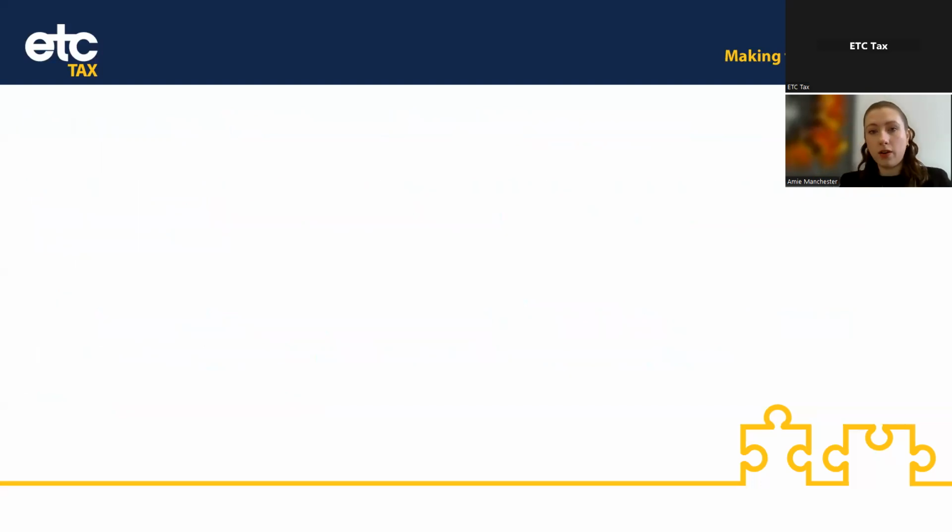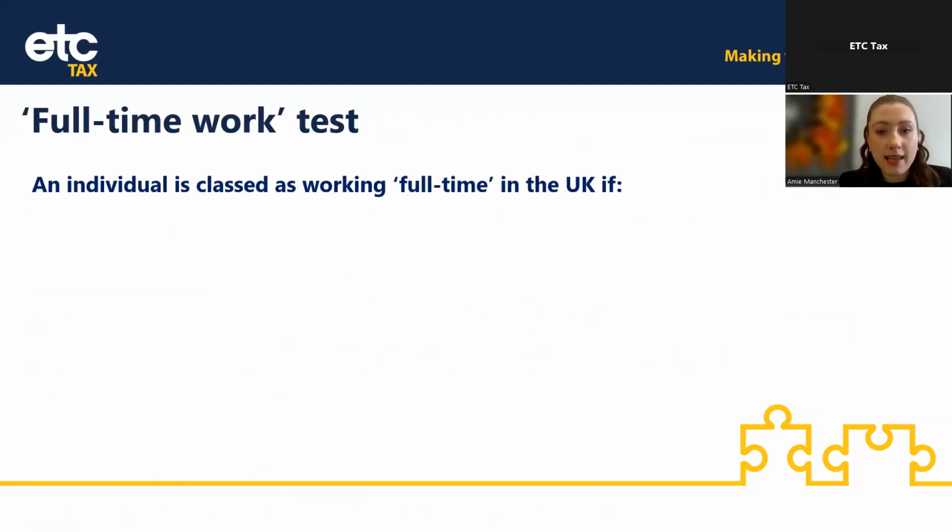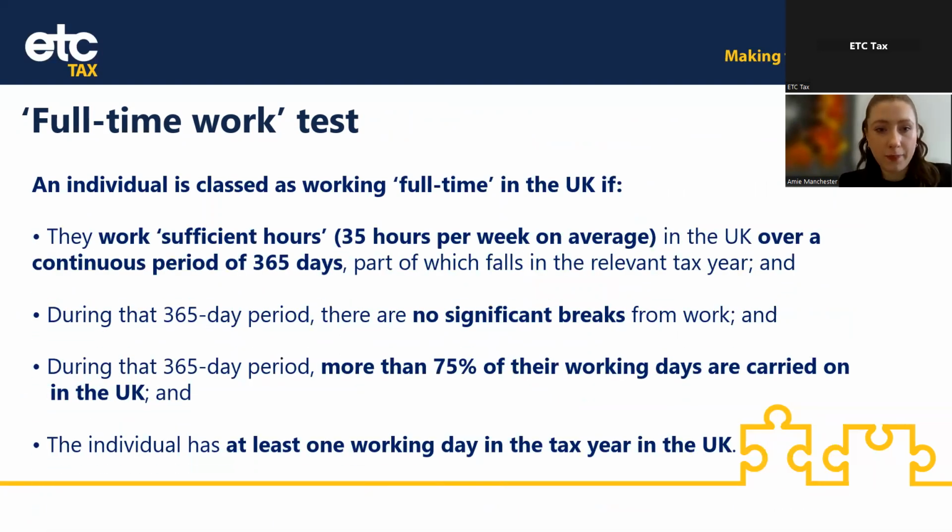Next is to just have a look at the full-time work in the UK test in a bit more detail. So this was the third test that we were looking at, and an individual will be classed as full-time work in the UK if they work sufficient hours, and HMRC defines sufficient hours as 35 hours a week on average in the UK over a continuous period of 365 days, part of which falls within the relevant tax year.